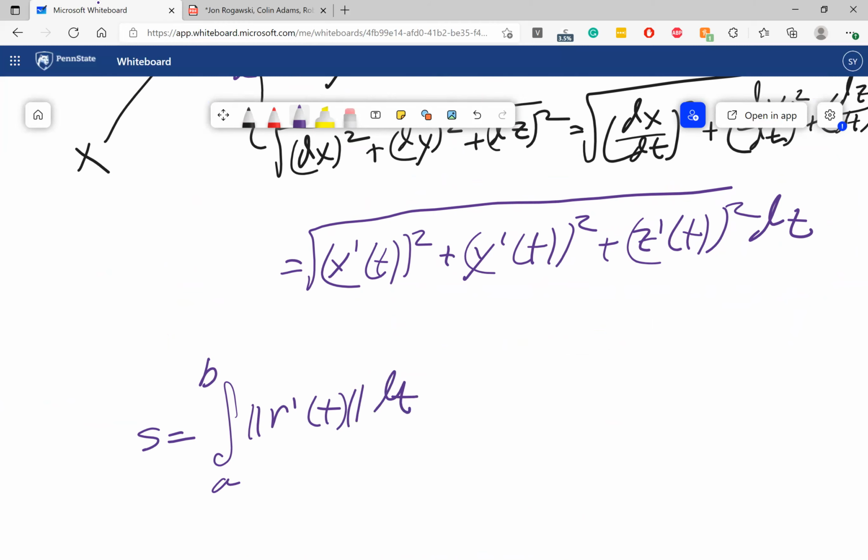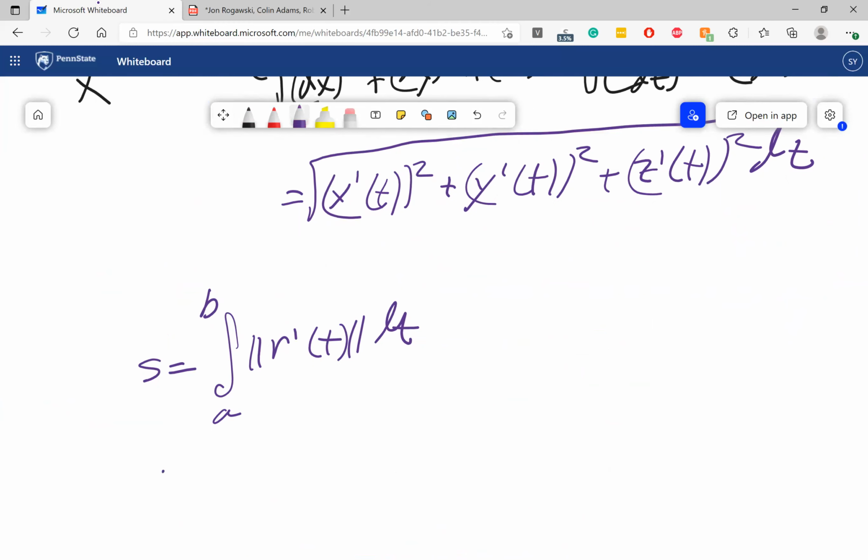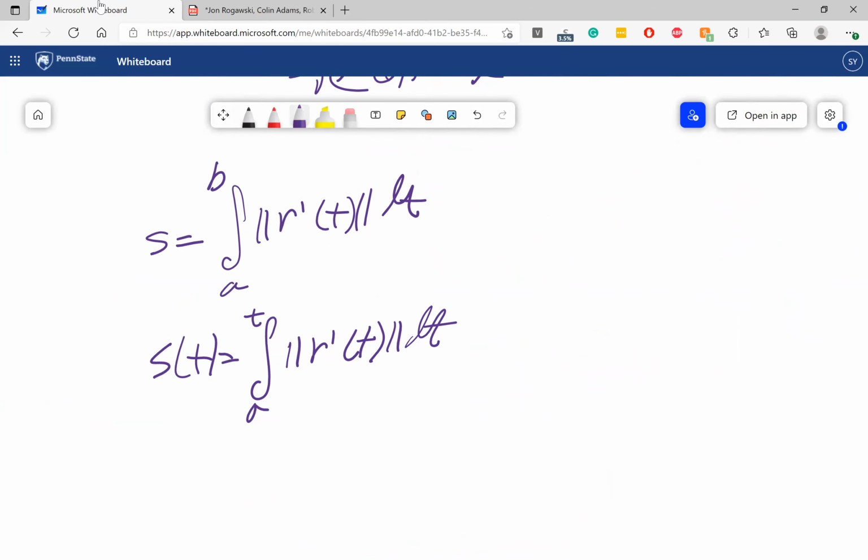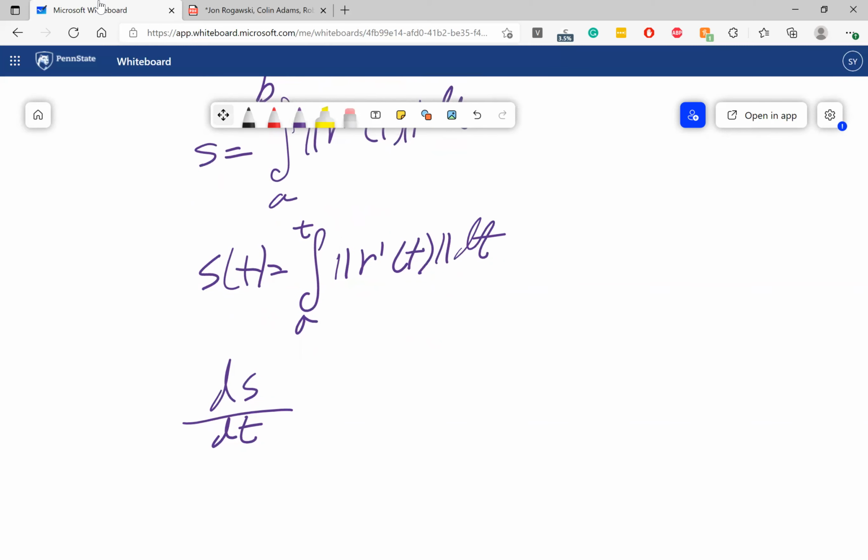If we took s of t to be equal to the integral from a to t of the magnitude of r prime of t dt, then the change of s over time, ds dt, which is your velocity, how when you change time you get a small change in your s, is going to be equal to the magnitude of r prime of t.